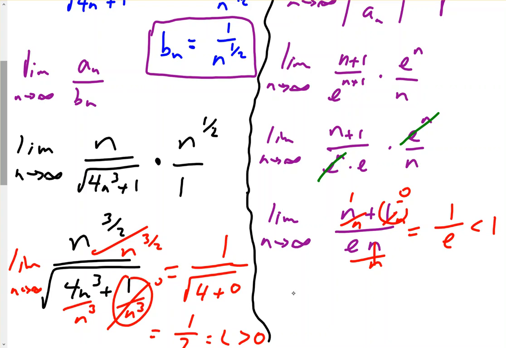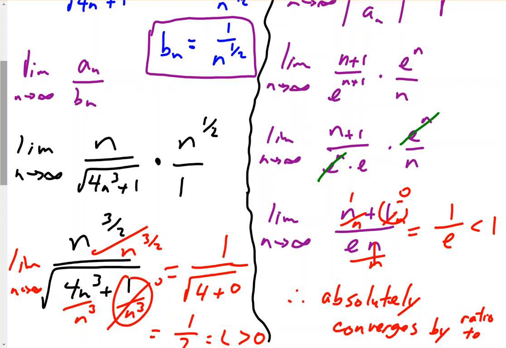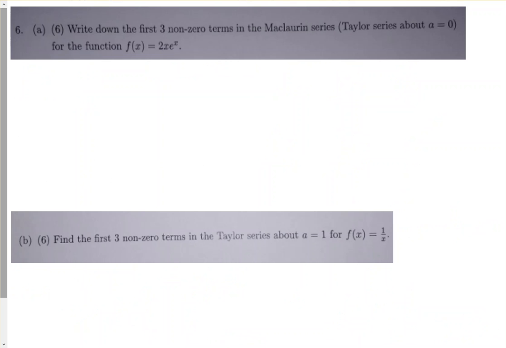Okay, so therefore, absolutely converges by the ratio test. Okay, so that's 5b. Let's take a look at our next problem.